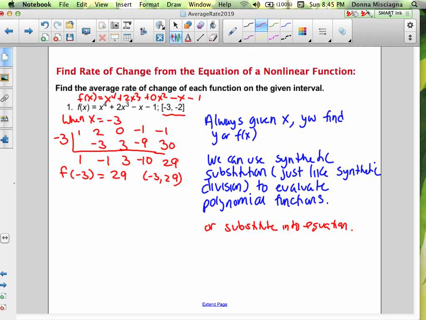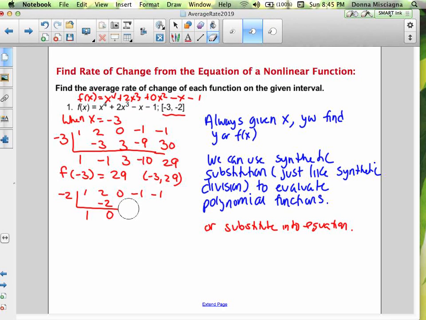Now we need when x is -2, right? So do the same thing. The coefficients are 1, 2, 0, -1, -1. So we bring down the 1. 1 times -2 is -2.